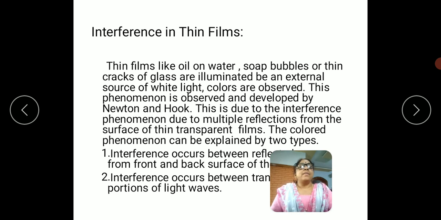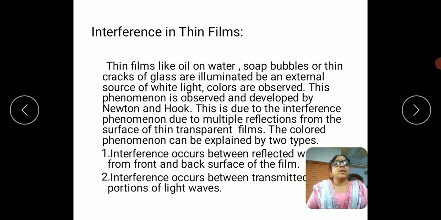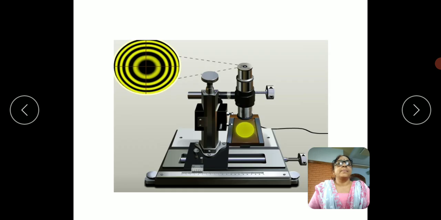We have already discussed thin films, like oil on water and soap bubbles. They produce colors due to the interference between the rays of reflected light or the superposition of the rays of transmitted light.